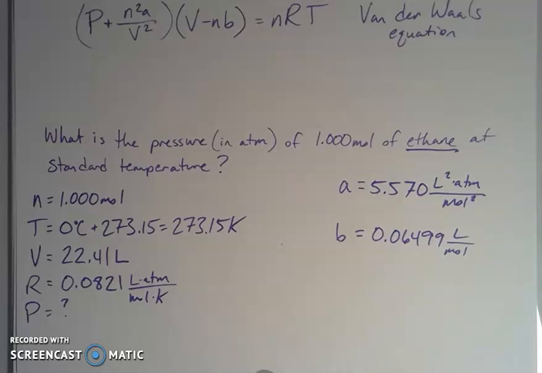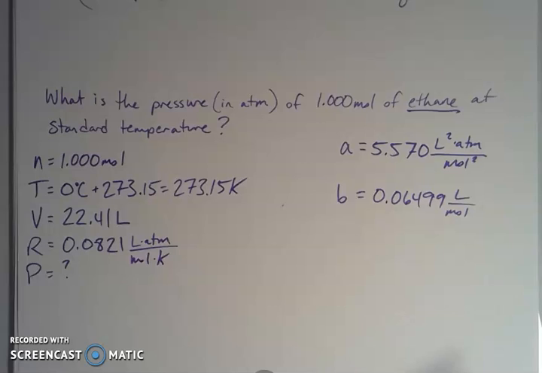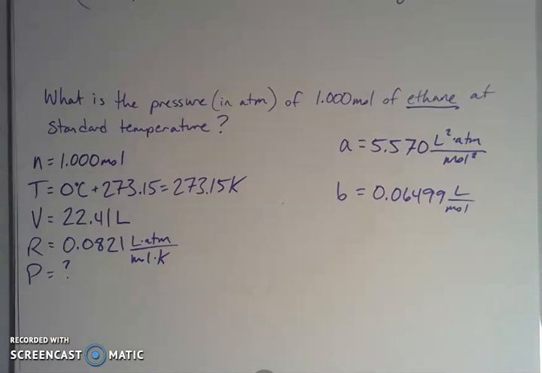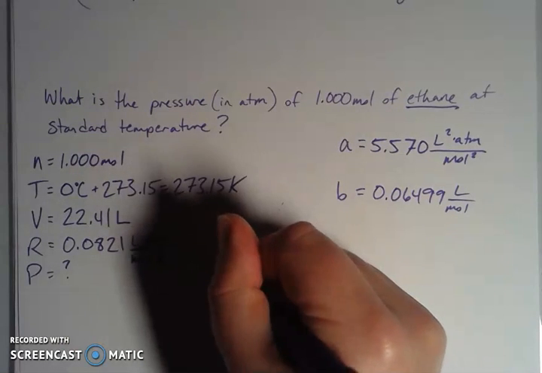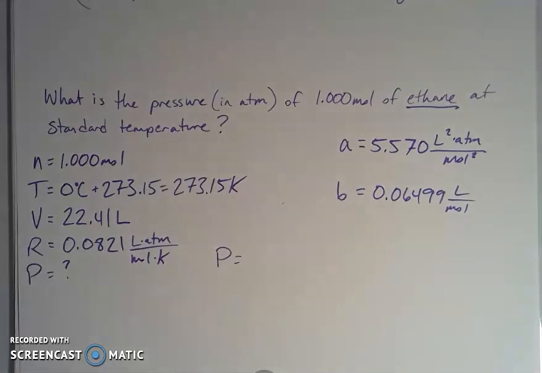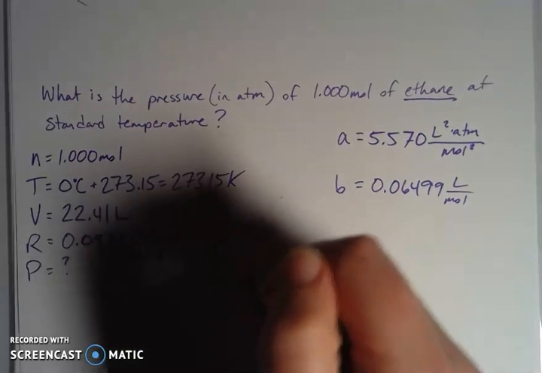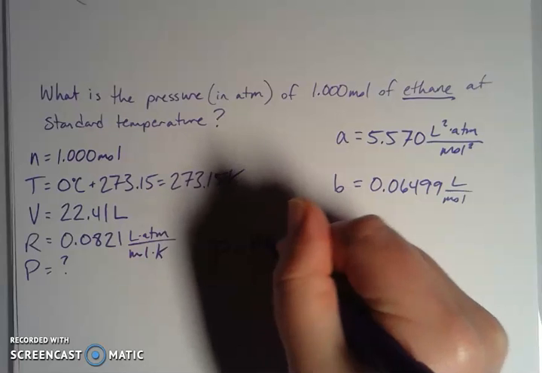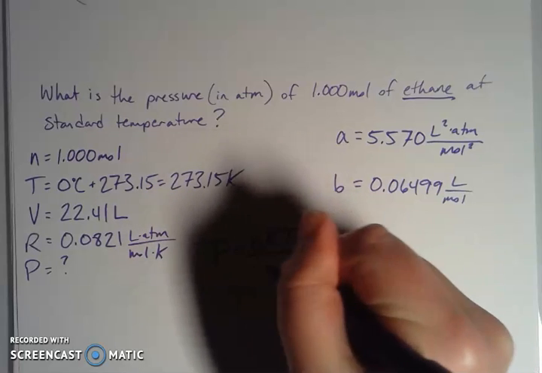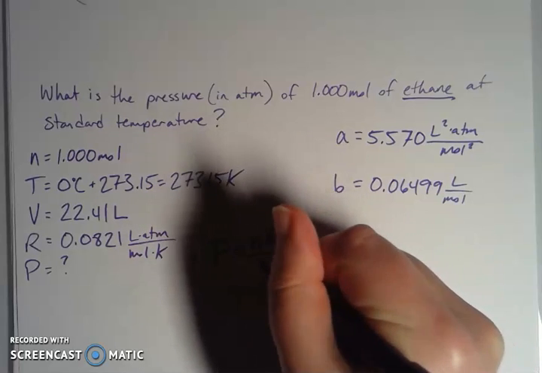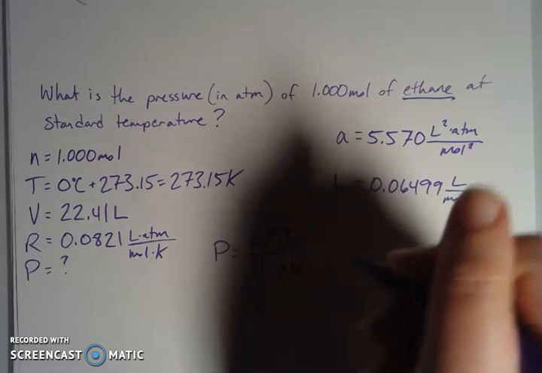So then when I plug and chug through here, I'm rearranging my equation to solve for P. I'm going to assume that you can do some algebra steps with me here, so I'm going to abbreviate that and just give you the take-home message. V minus nb.